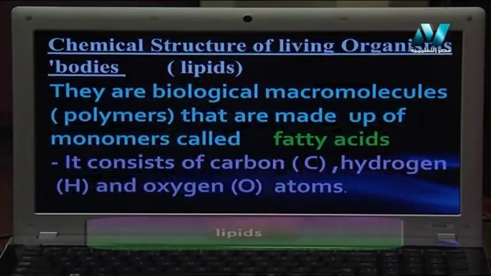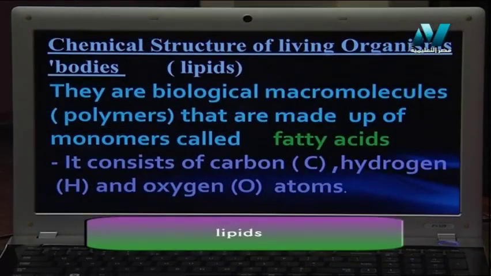These are big molecules made of carbon and hydrogen in their structure, because they are organic macromolecules. We studied carbohydrates last episode. Today we'll talk about lipids, the second type of biological macromolecules found inside your body. Its monomer we call fatty acids.